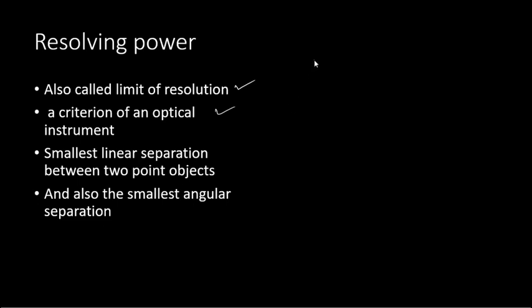Let us consider two point objects viewed through a telescope, and they overlap with each other like this. So this is not resolved. These two point objects are not distinct.